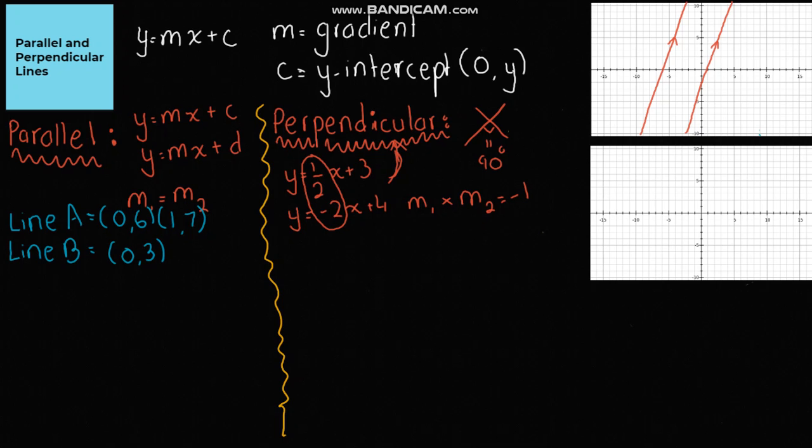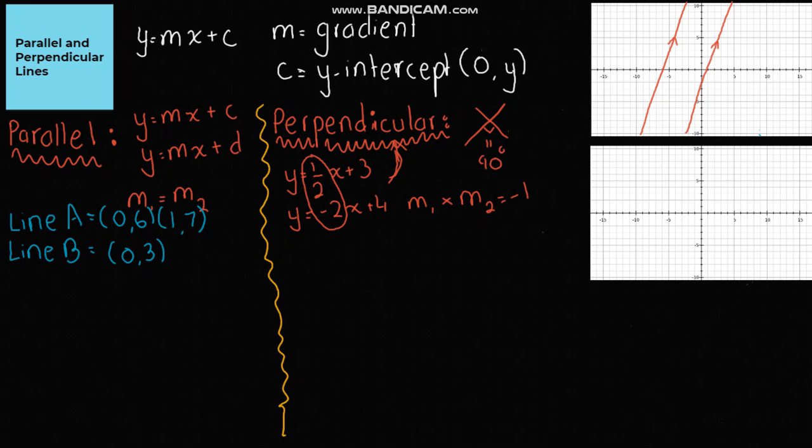Find the equation of line B. In order to find the equation of line B, we depend on line A, because with line A we can find the gradient. We can also find the y-intercept without even doing any calculation, which I'll show you how. And by the gradient, you will find the equation of line B and the y-intercept of line B.